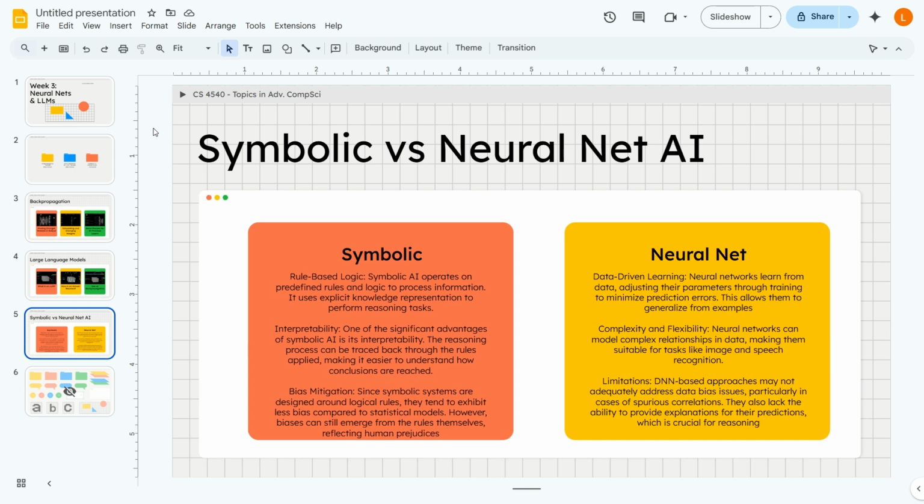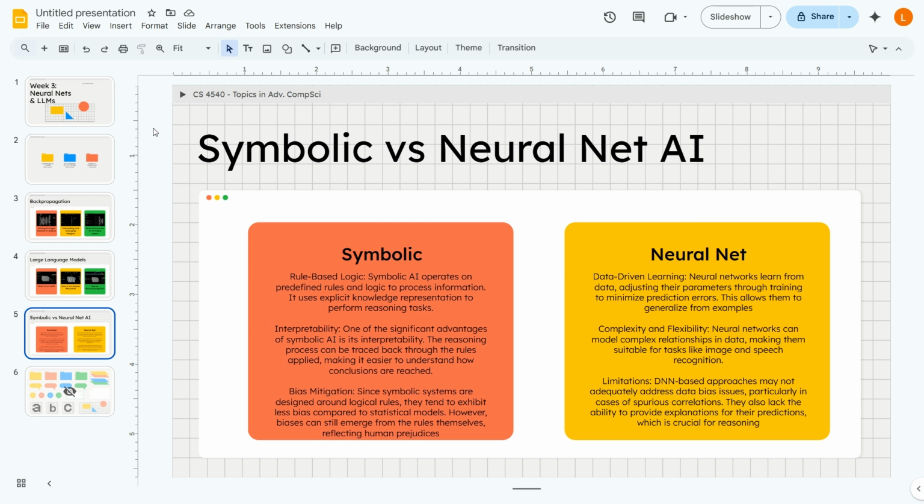So symbolic AI, you can read all of this basically, but I can summarize it. Symbolic AI functions on a system of symbols and relations between these symbols to process information. It only uses explicit knowledge to perform these tasks, and as such is easy to backtrack through to follow its logic.